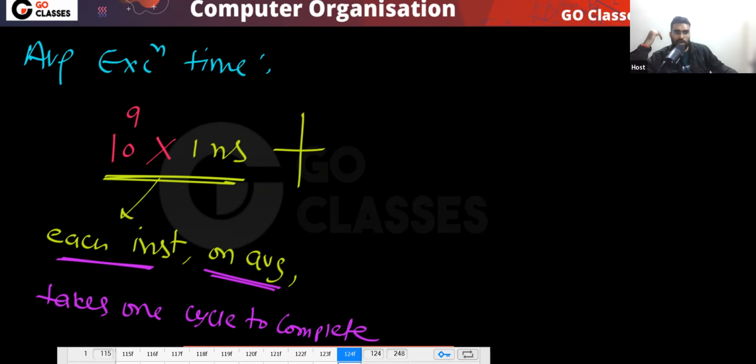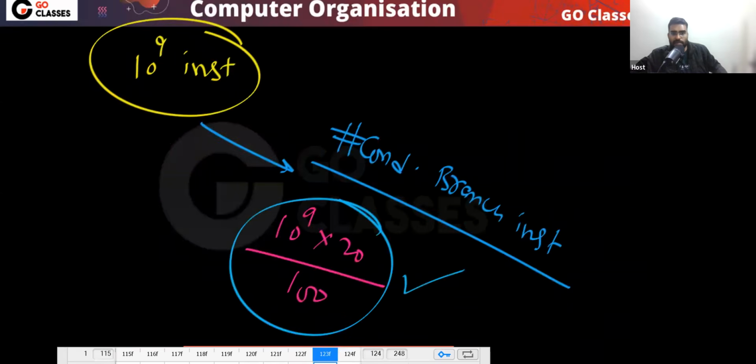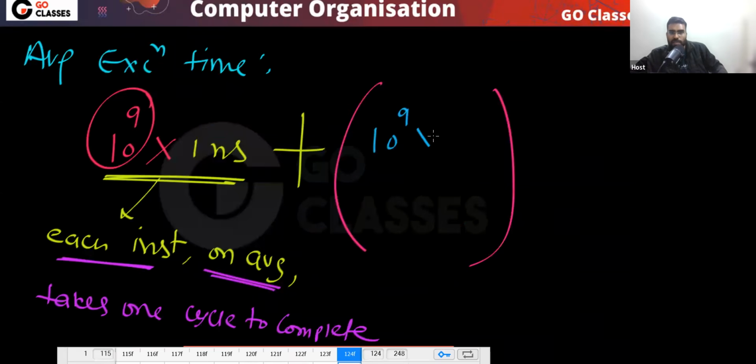So 10 to the power 9 instructions will take this much time, plus some extra time. Some extra time will be taken by whom? These conditional branch instructions. Because of them, we need 2 more cycles each.